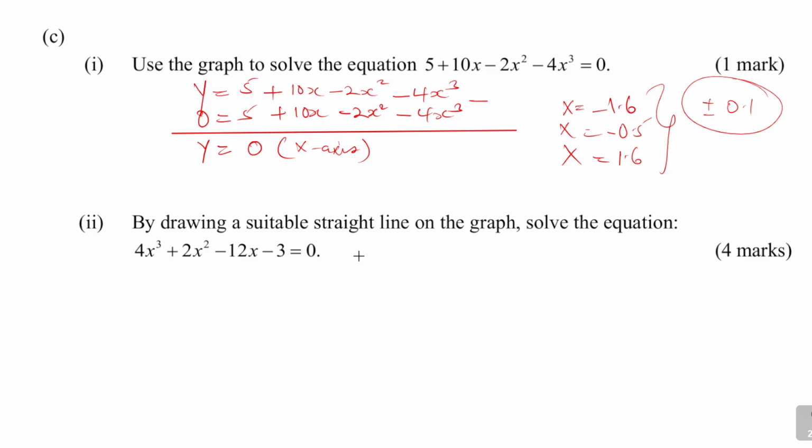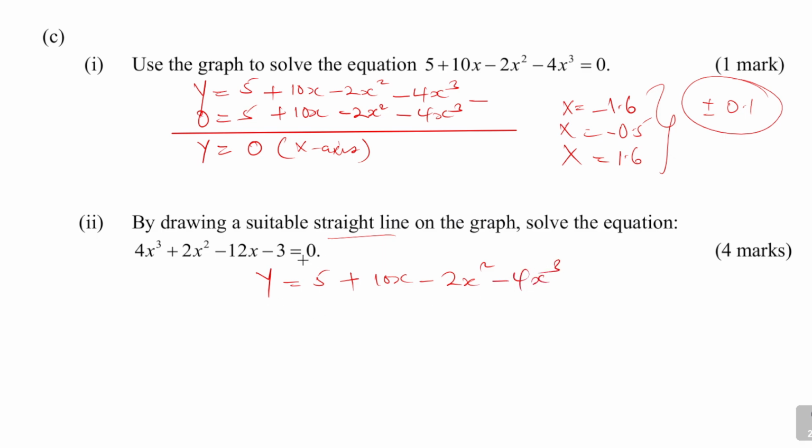Part 2, by drawing a suitable straight line on the graph, solve the equation. So again, we are using this function, y equals, this is the function of the curve, minus 2x squared minus 4x cubed.